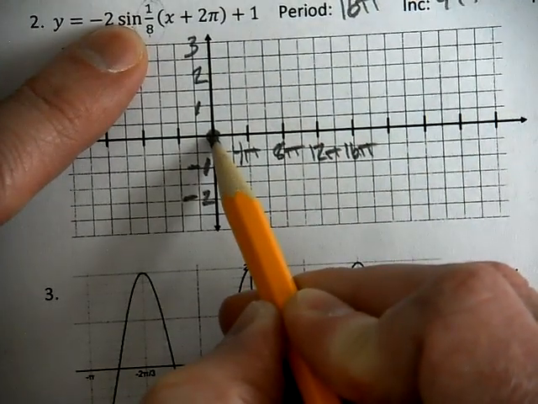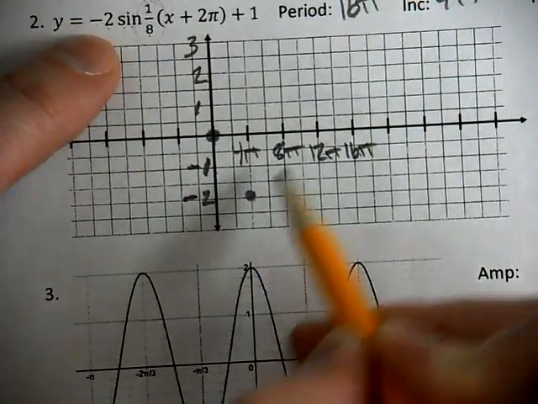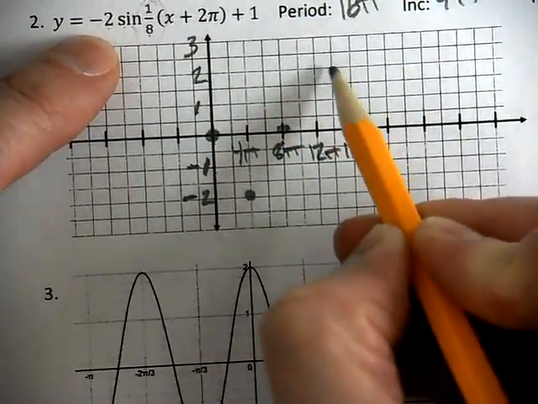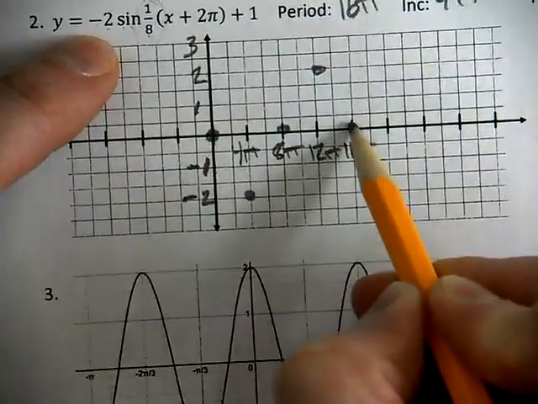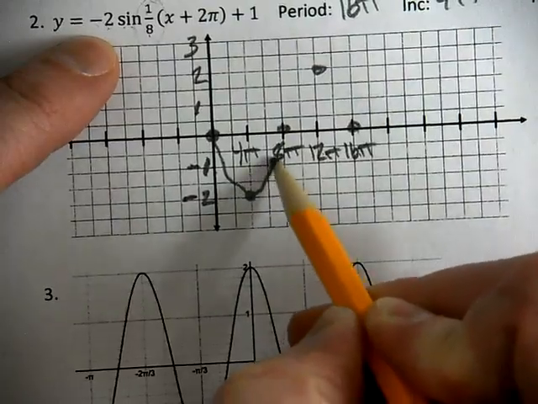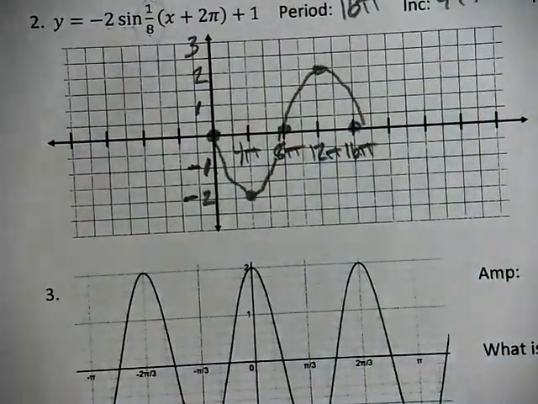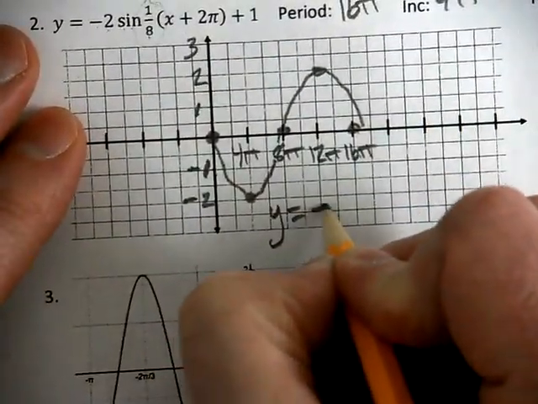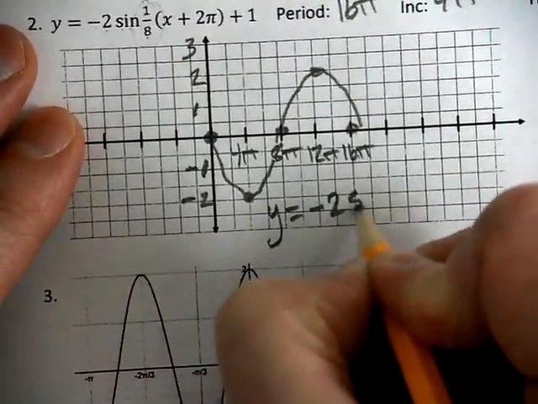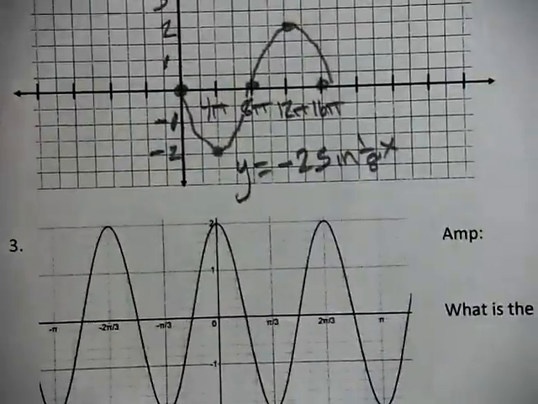So we go from 0 to our minimum because it's negative, back to 0, to a maximum, and back to 0. So there's our graph. This is y equals -2 sine of 1/8 x.